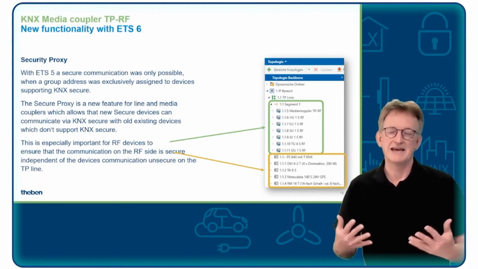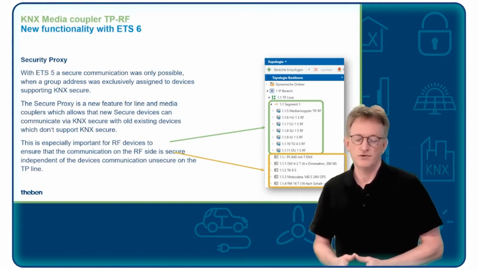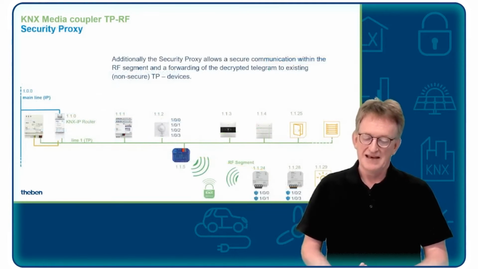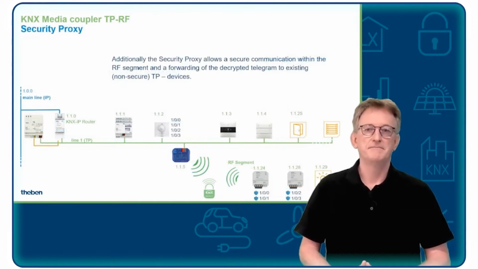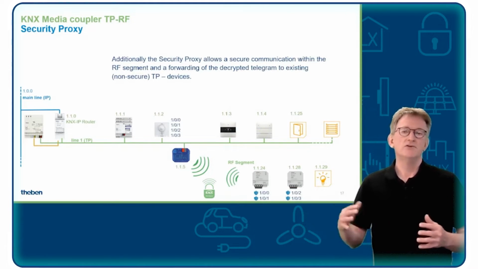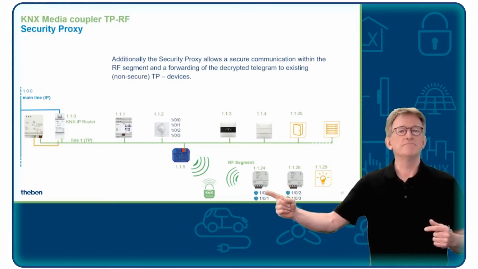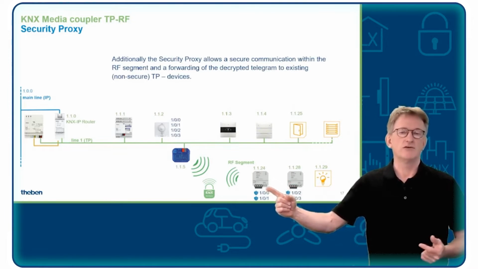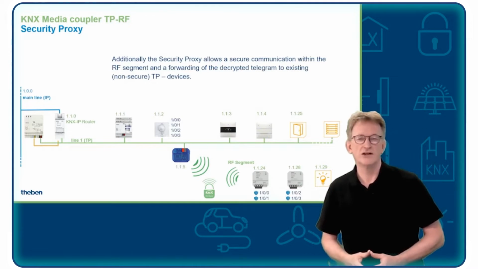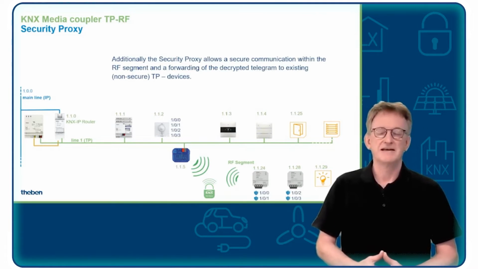And then again, in this case, you have on the RF line also unsecure telegram. And that's pretty bad. So what you would like to do, because in your RF line, that's what I recommended, is to have just devices installed which are supporting data secure.